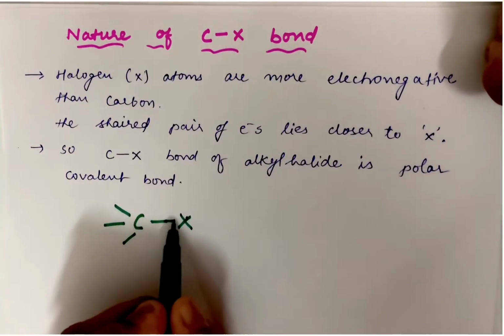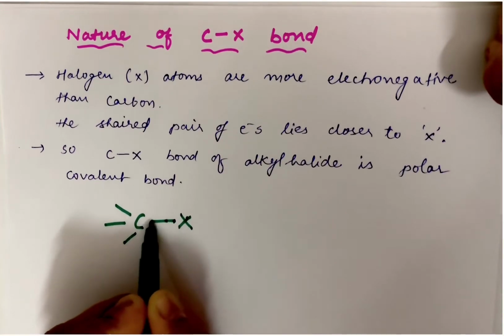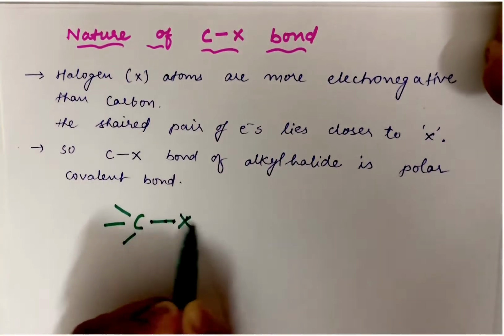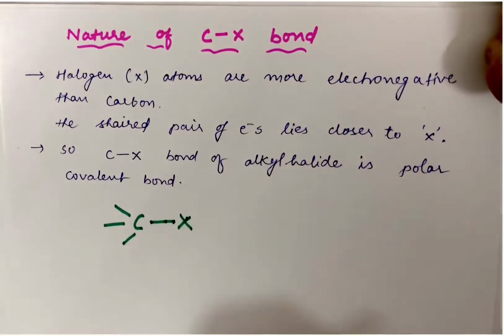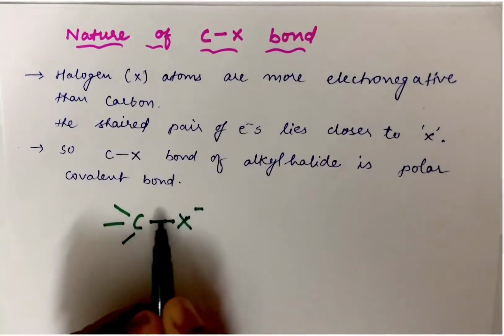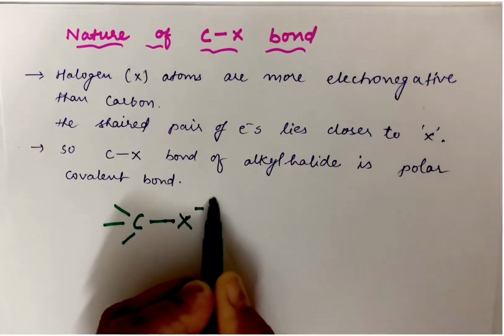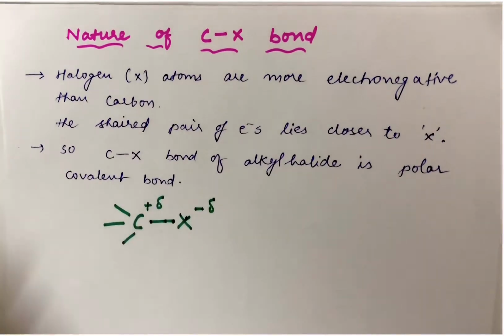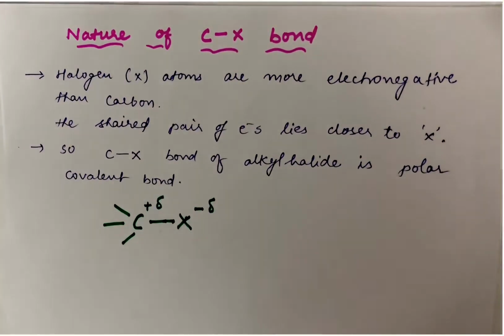So what happens, this particular shared pair of electron between this carbon and halogen is being attracted by the halogen towards itself. This shared pair of electron gets attracted towards the halogen, and when this happens, obviously X will be developing a partial negative charge over it and carbon develops a partial positive charge, thereby giving rise to the polar covalent bond between C and X.